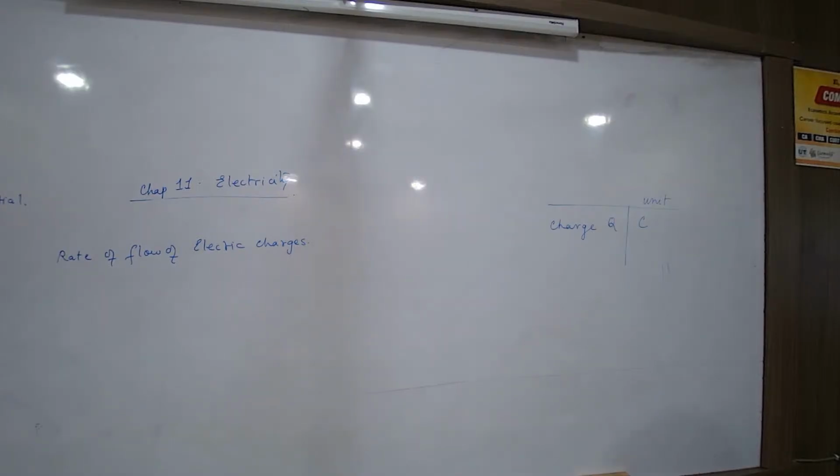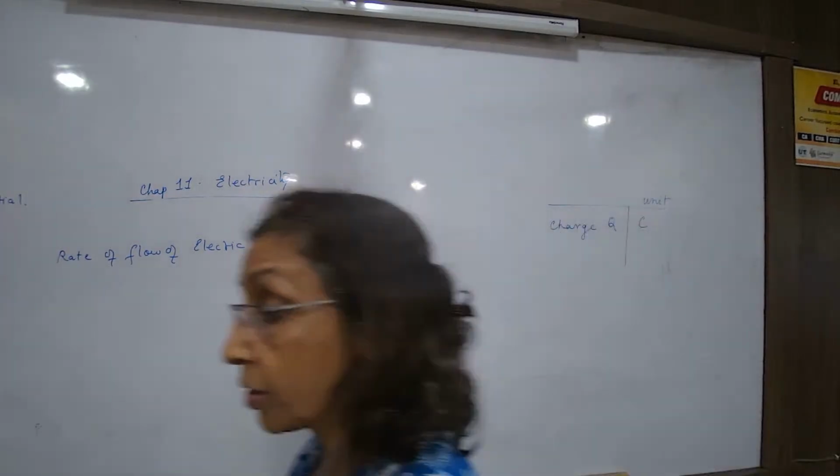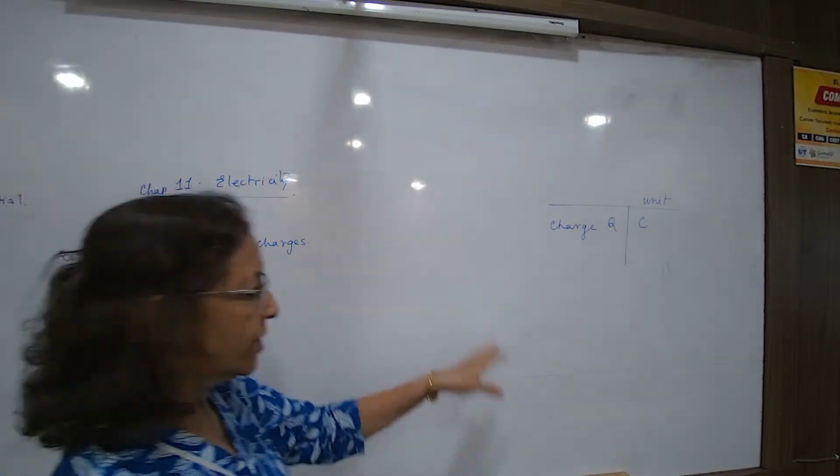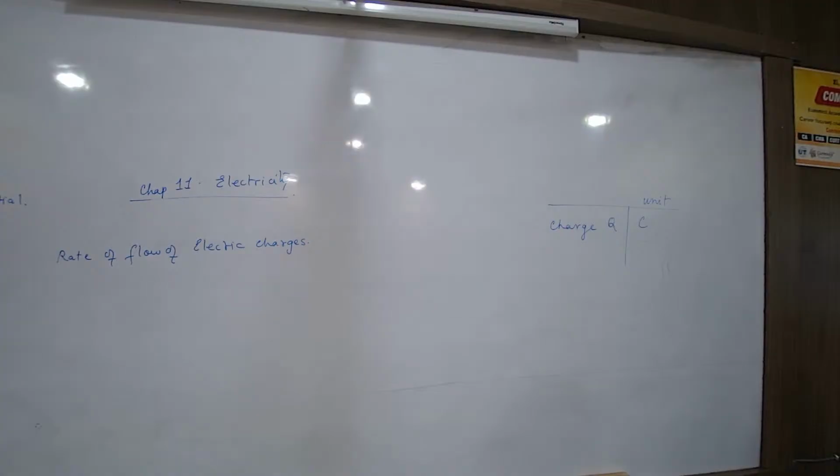Take a fresh page because we have lots and lots of such things coming. Make a table there. Today I have just given you charge, which is Q, and the unit will be coulomb.